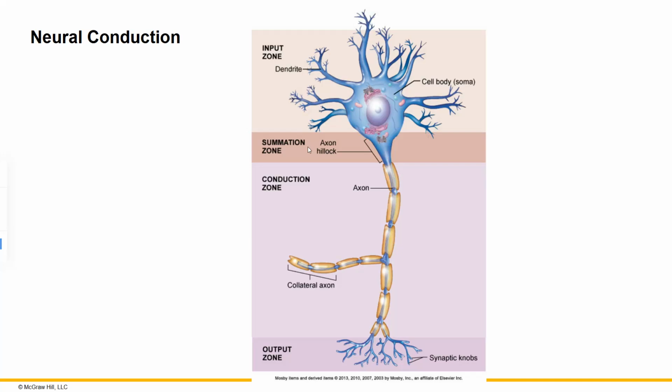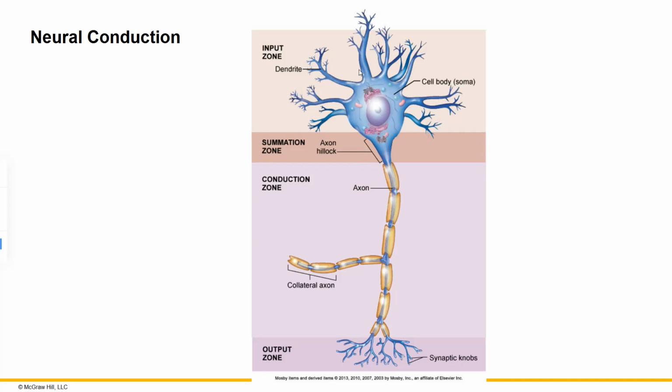Now, once an electrical impulse is signaled, we no longer really care about what's happening up here, because whatever happened up here was enough to wake up, or to tip over, this boat, to wake up this nerve impulse. But in the conduction zone, it is an all or nothing response. So if this boat tips over, you're swimming. In other words, if that threshold membrane potential has been met in this summation zone, that electrical signal is going to be conducted.